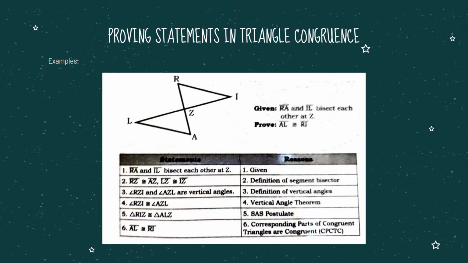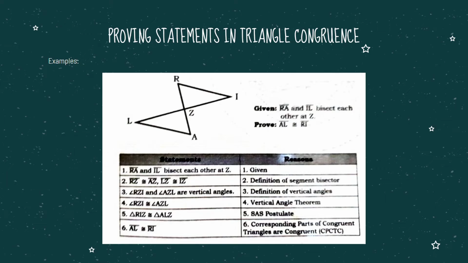Number 2, line segment RZ is congruent to line segment AZ, and line segment LZ is congruent to line segment IZ. It is the definition of segment bisector.